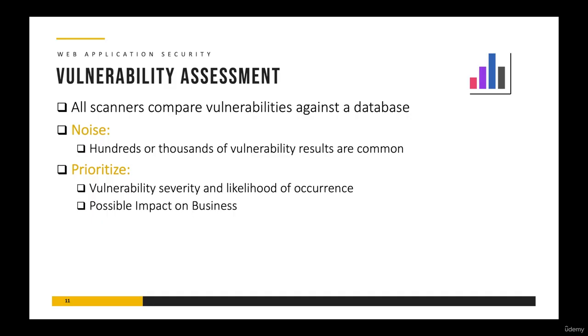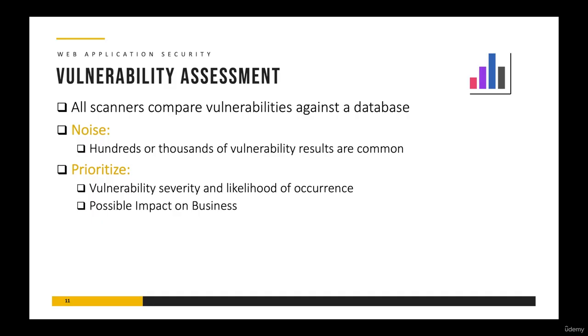You need to prioritize based on the severity of the vulnerability and also the likelihood of occurrence. For example, if you have a vulnerability, but there's no way that anyone can exploit it due to some external factor, then you don't need to worry about it.